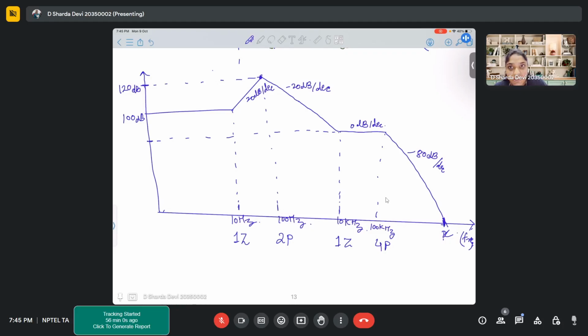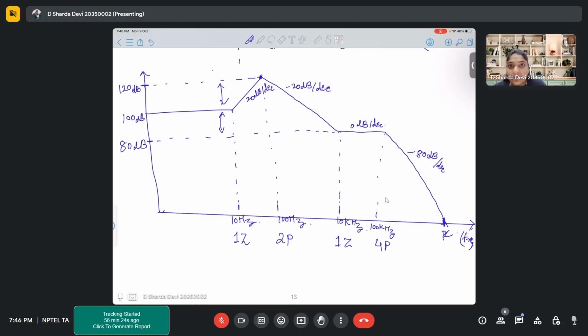Now it will become how much? 60 dB. Why 60? Oh, sorry. 40. Yeah. 20 from here. Another 20, right? So total 40. So it will be 80 dB.